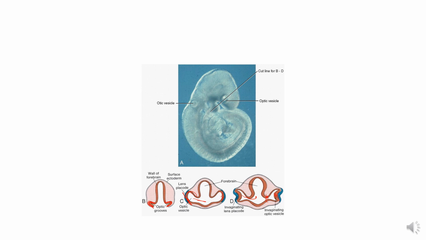In the middle of the fifth week, each optic vesicle invaginates to form a double-layered cup called the optic cup. So here you can see the formation of the optic cup. This vesicle is forming a cup-shaped structure which is known as the optic cup.